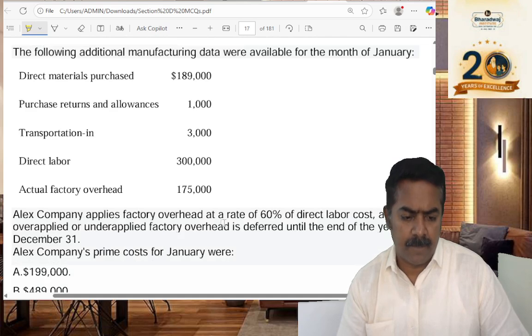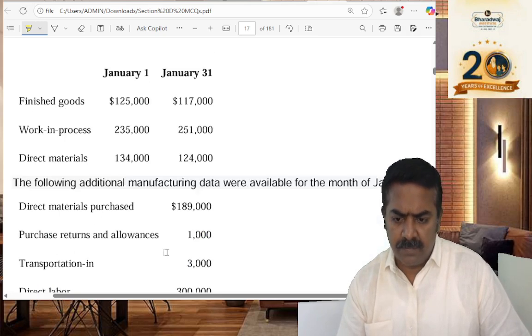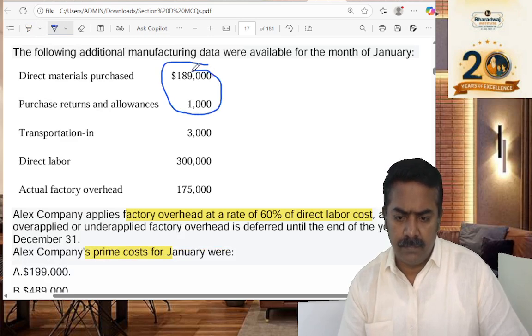What is the question? 60% of direct labor cost. They ask you to find out prime cost. What should be included in prime cost? Include transportation also. Minus this. This direct labor eliminate.